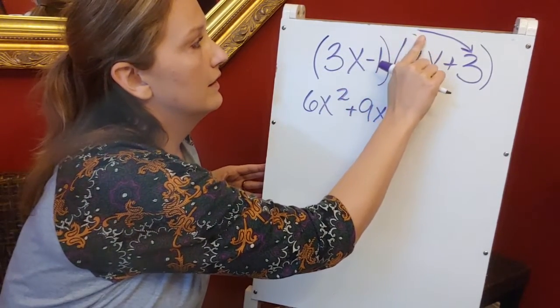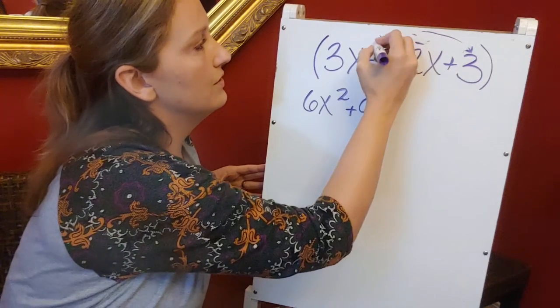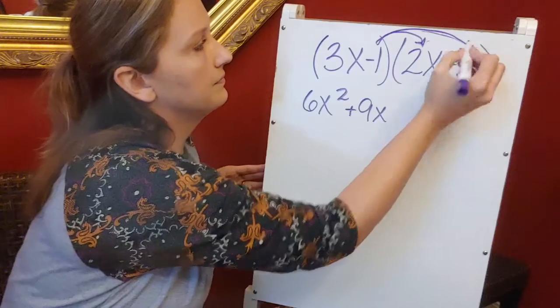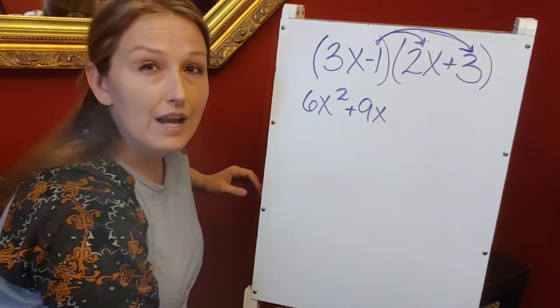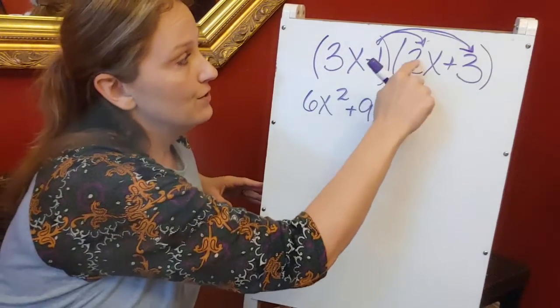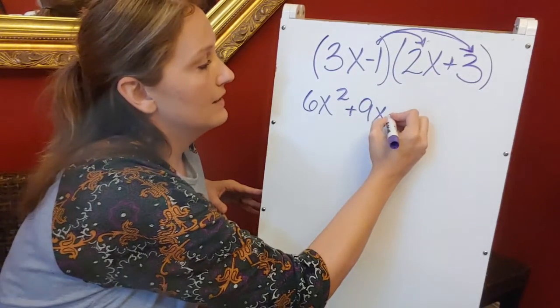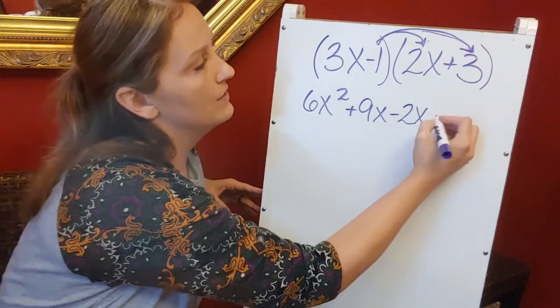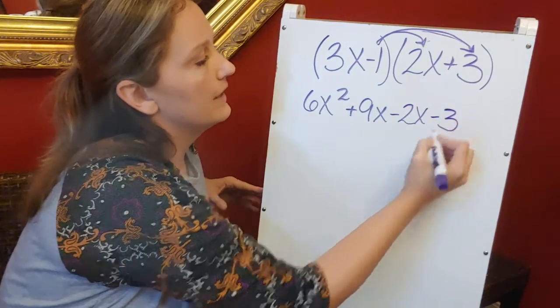Then we're going to do the same thing with that -1. So I'm going to do -1 times 2x. So -1 times 2x is a minus 2x, and a -1 times 3 is minus 3.